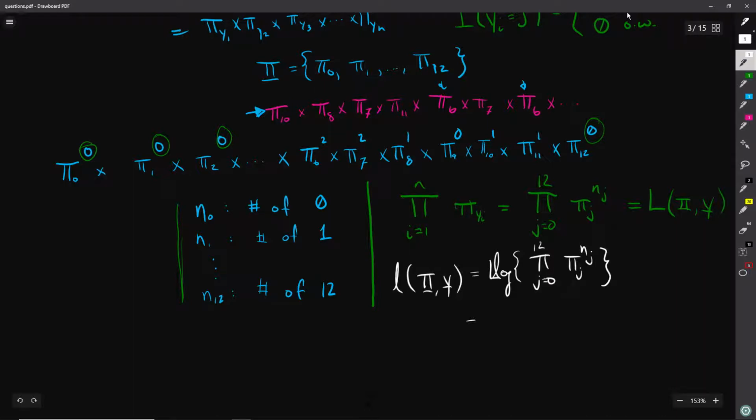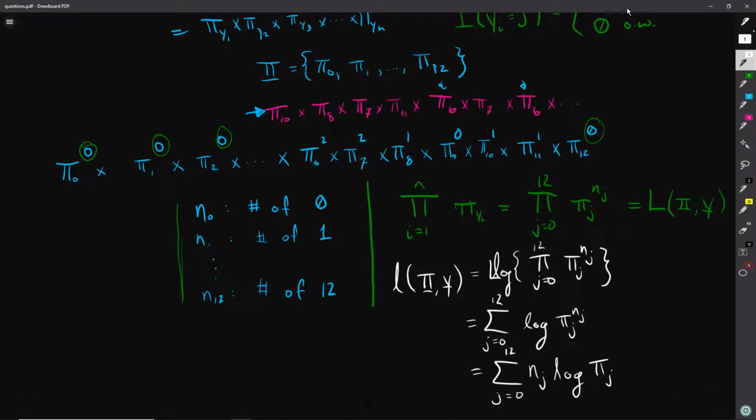And then using our log rules again, the product becomes a summation, and each of these exponents can come out front, so we can write that's the sum from j equals 0 to 12 of nj log pi j. And so this can be our log likelihood here.